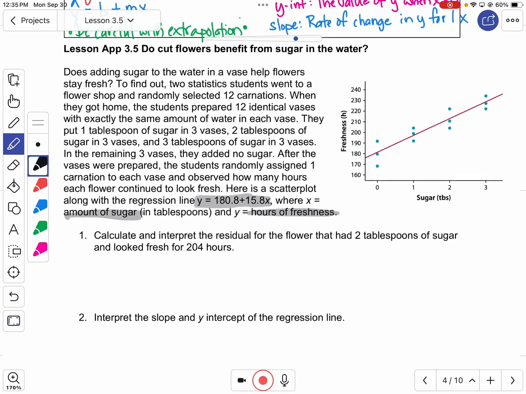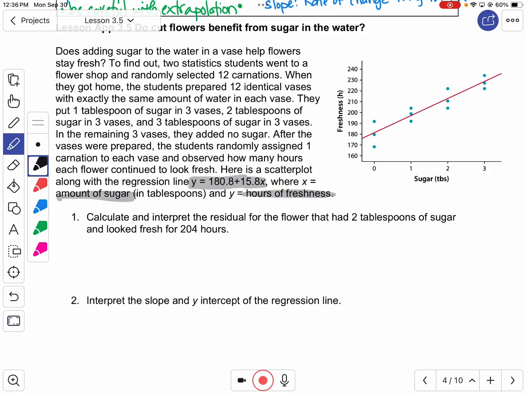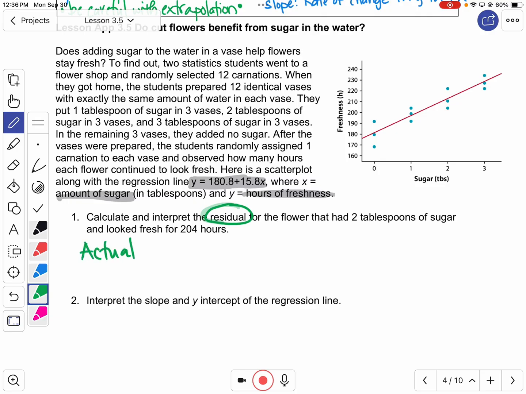So the first thing it asked me to do is to calculate and interpret the residual for the flour that had 2 tablespoons of sugar and looked fresh for 204 hours. So remember, when we do a residual, we want the actual value minus the predicted value.